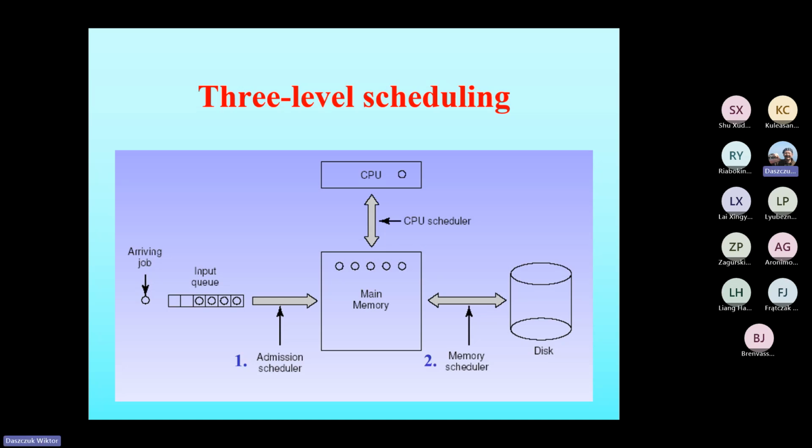The second level, the middle level, is letting the programs take some memory. Because if we allocate resources needed to run, the previous to last resource to allocate is memory. We split memory between the jobs.